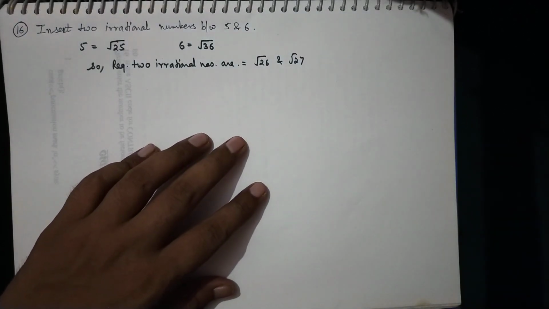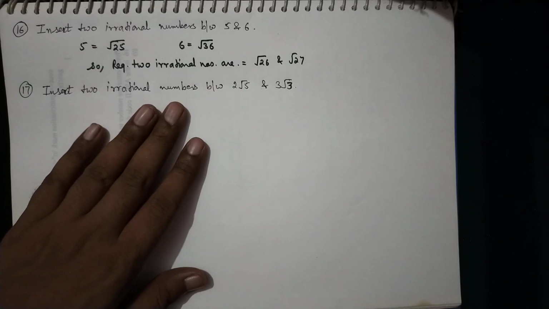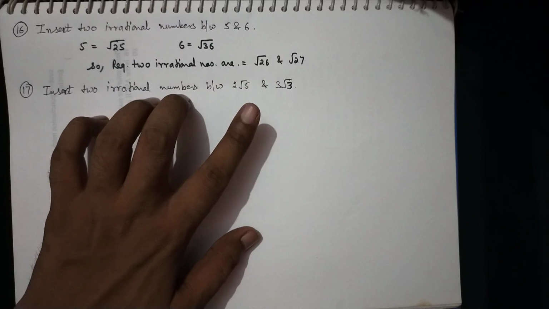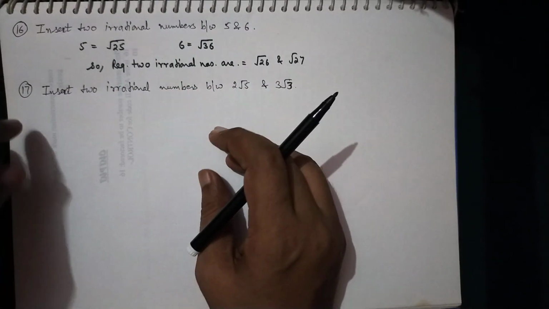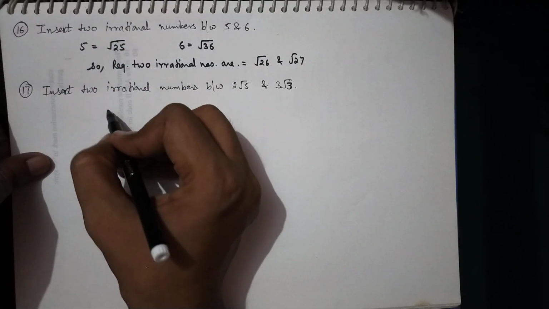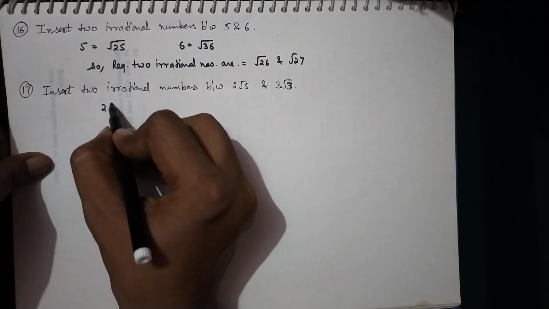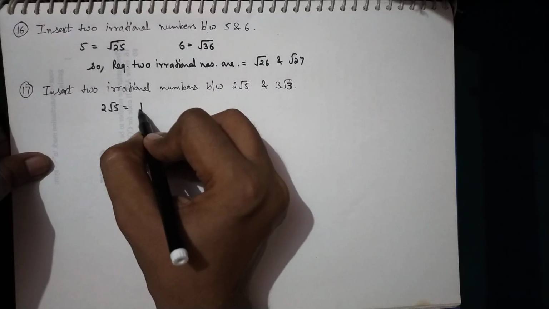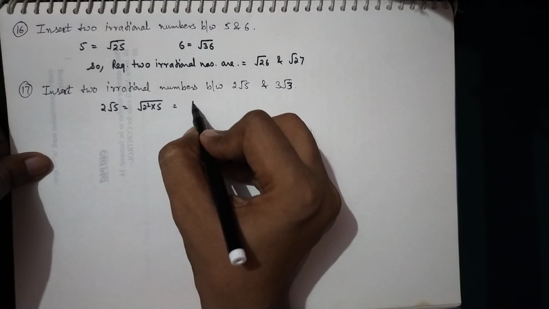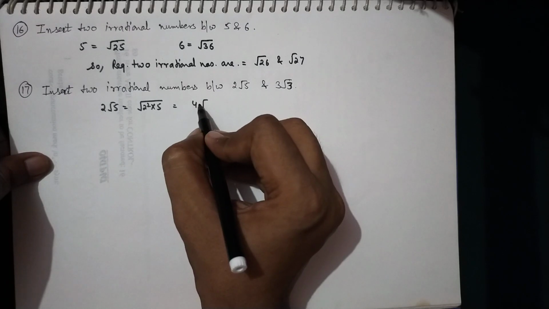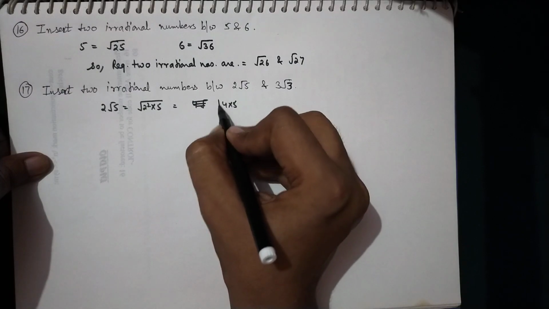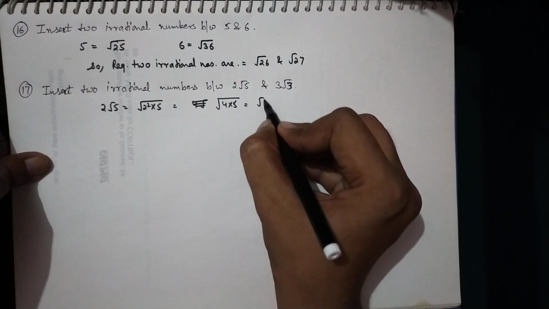Now let's see the next one. Here we have to insert two irrational numbers between 2 root 5 and 3 root 3. For that, again we are going to do the same as we did over here. 2 root 5 will be equal to root of 2 square into 5, that is root of 4 into 5, that is equal to root 20.